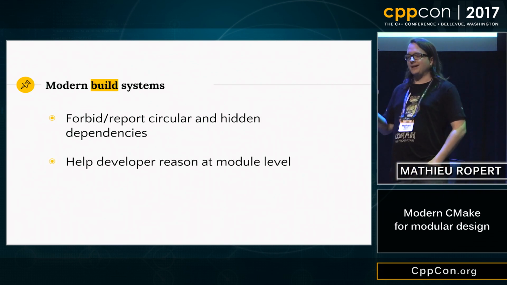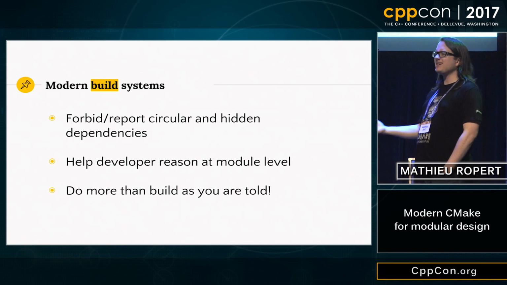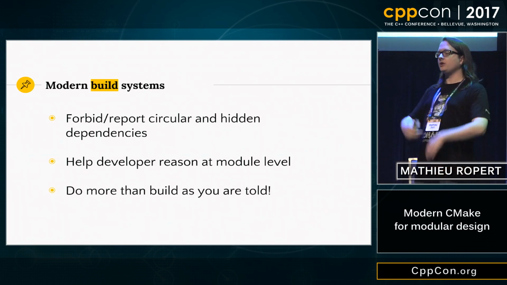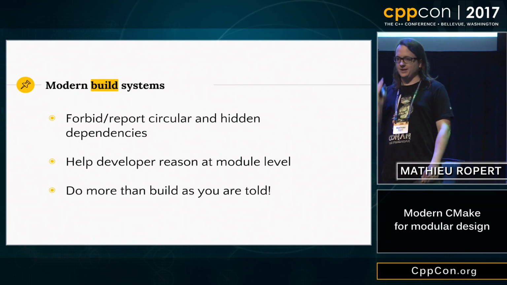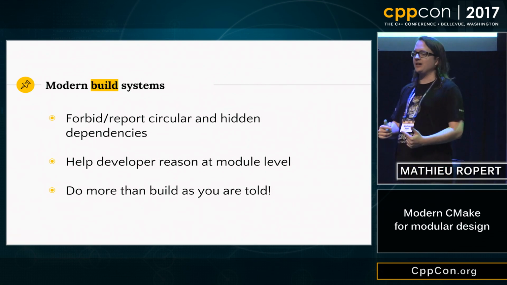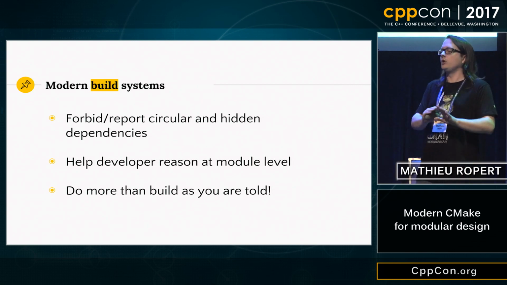Of course, like I said, the idea is that you can reason at module level. Really, not talk about flags. And basically, it means that the build system is doing more than what you're telling it. It's not just a script file that's blindly doing what you tell it like a dumb robot. It is trying to make meaning of what you're building and say, hey, I'm not in your place, but if I were you, I would not do that.